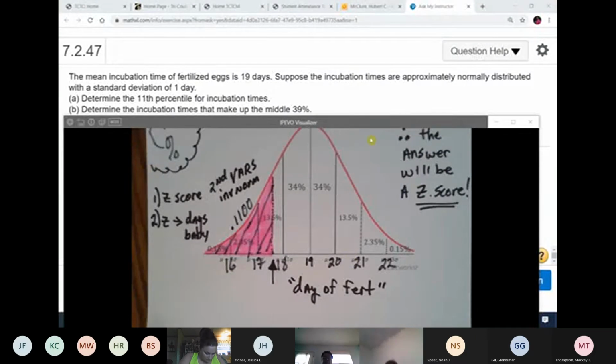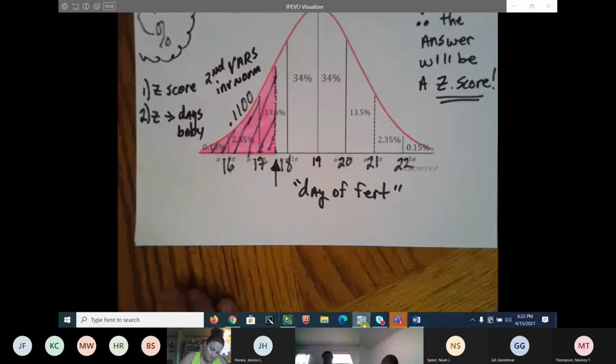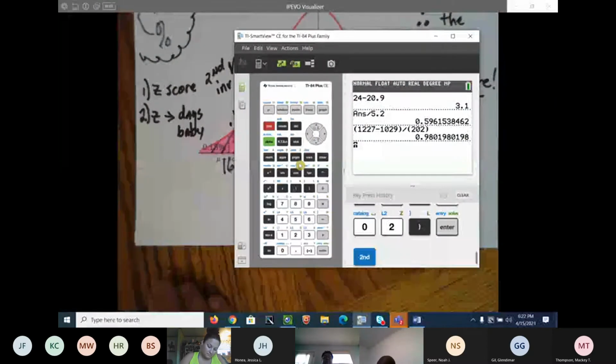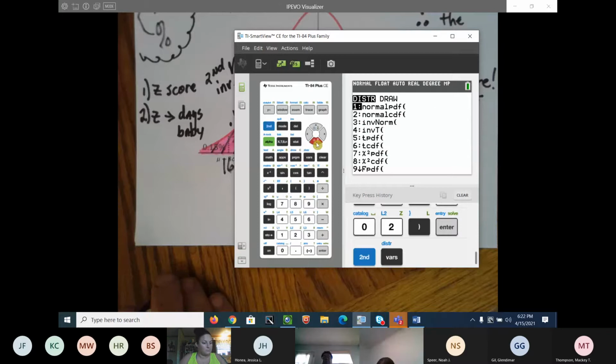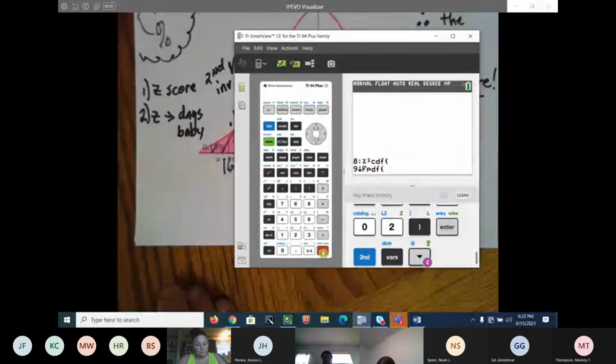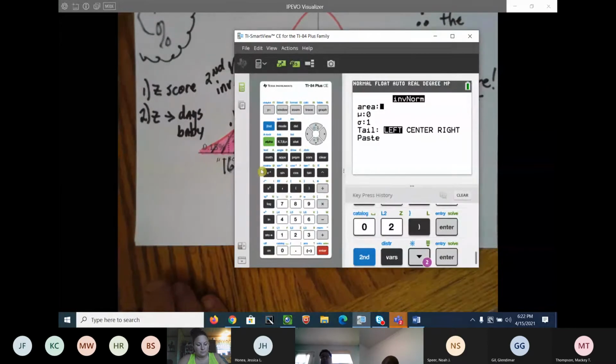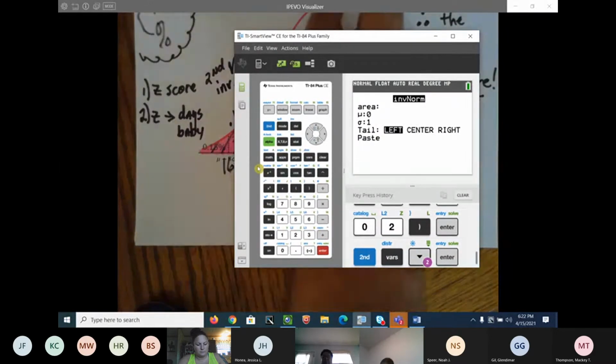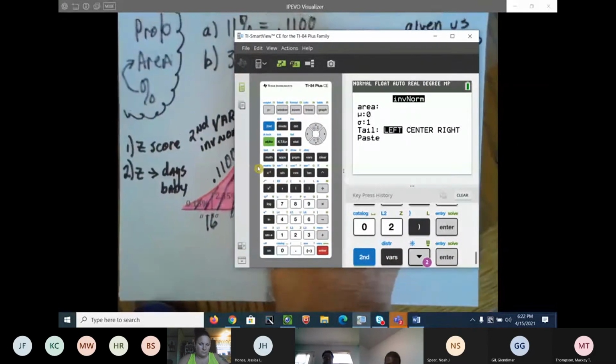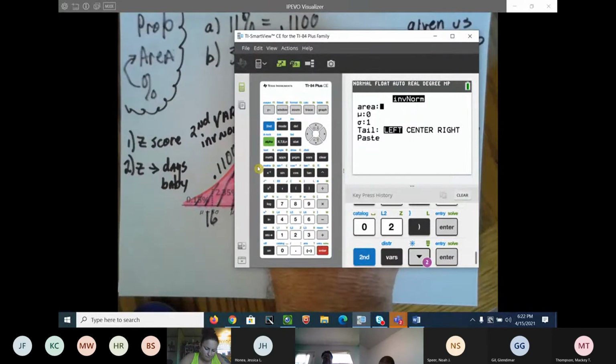Now watch what I do here. Second, vars, inverse norm. I need you to write down inverse norm. It's going to want the area. That's why I changed it into 4 decimal places right here. It's going to want the area.